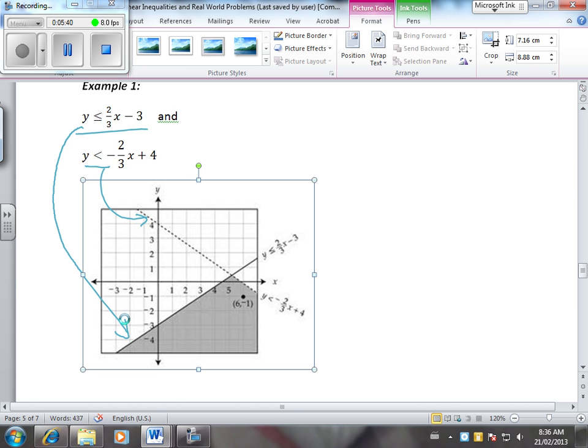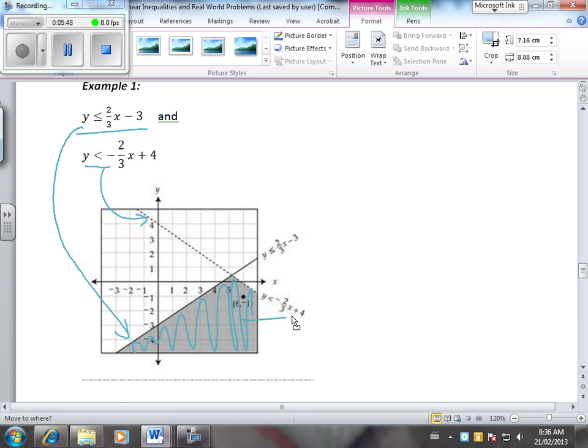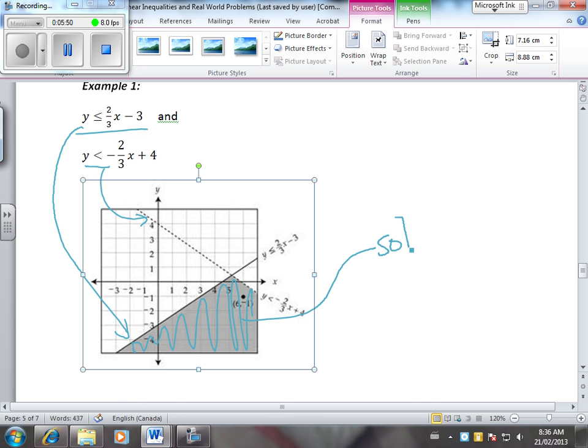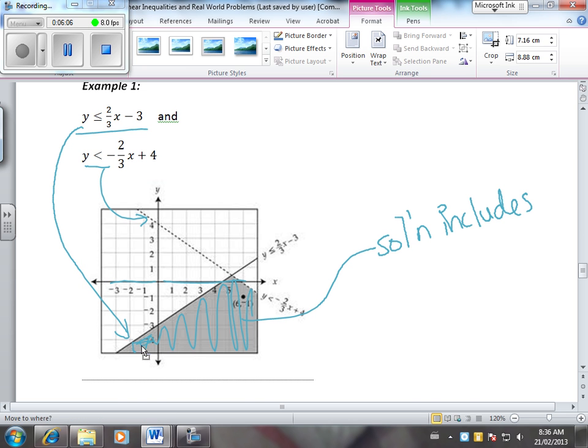My solution set is already filled in. It's all this part that's been shaded. And so we can say that the solution set includes, so what kind of values of x and y are included? I can see that there are positive values of x because we go down that way, and then there are also negative values of x over here.